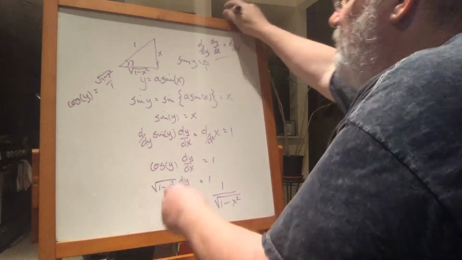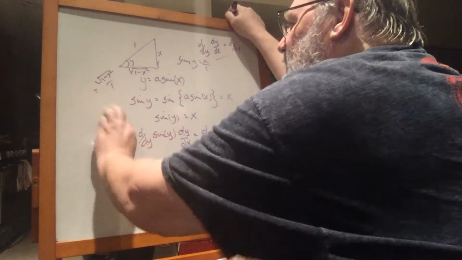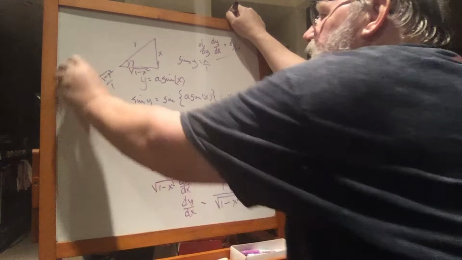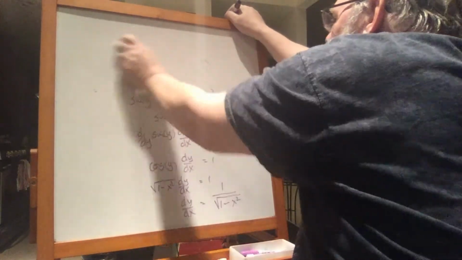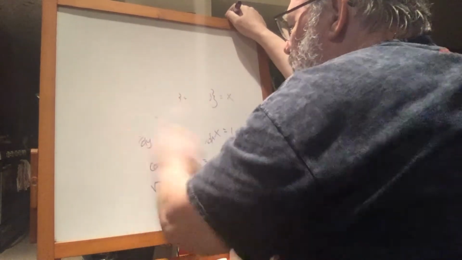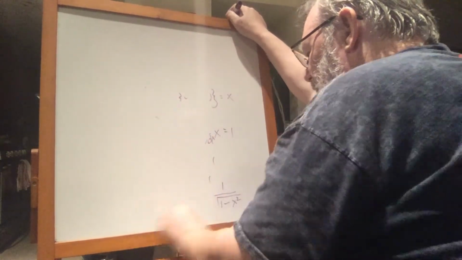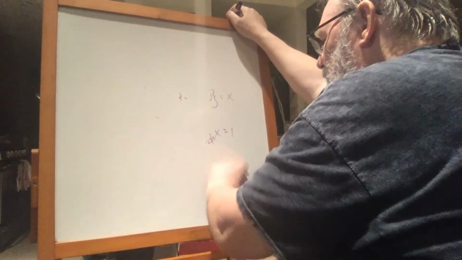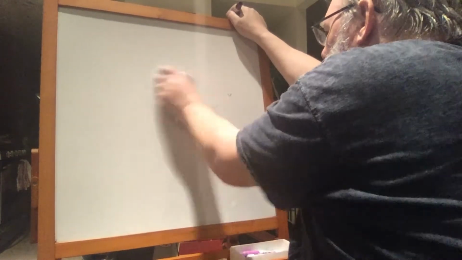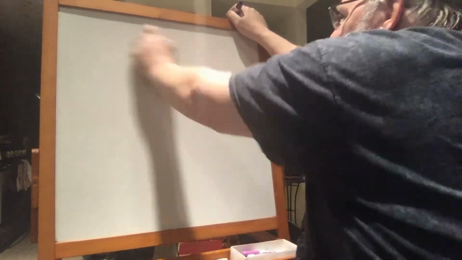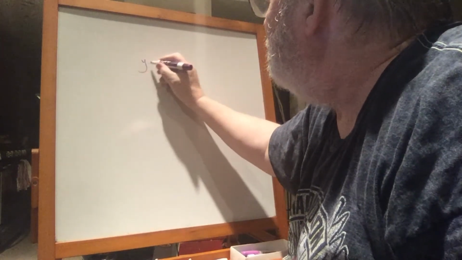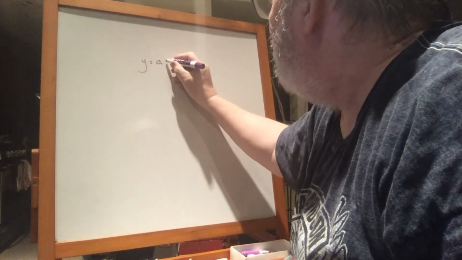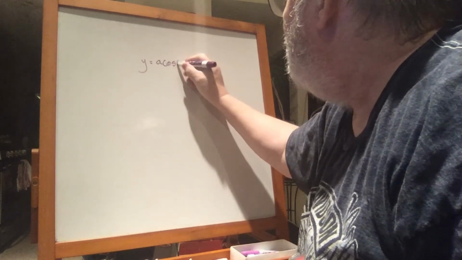We can do the same thing for the cosine function. We apply the chain rule to the function y equals the arc cosine of x.